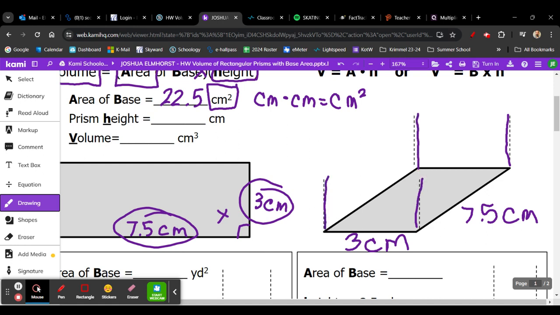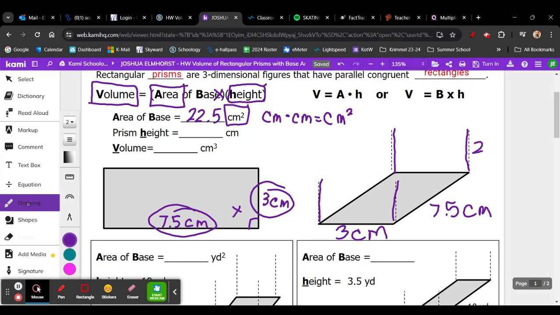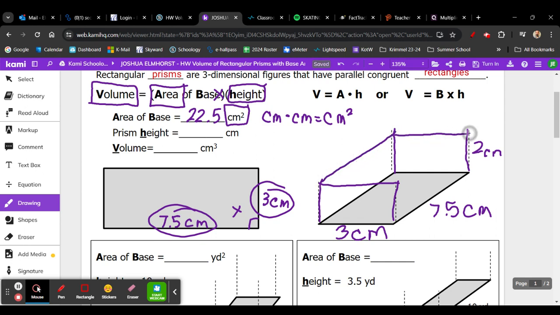And using the ruler, this is 2 centimeters tall. Let me try to write that a little better. 2 centimeters tall. Now that we've built it up 2 centimeters, we have a three-dimensional shape.